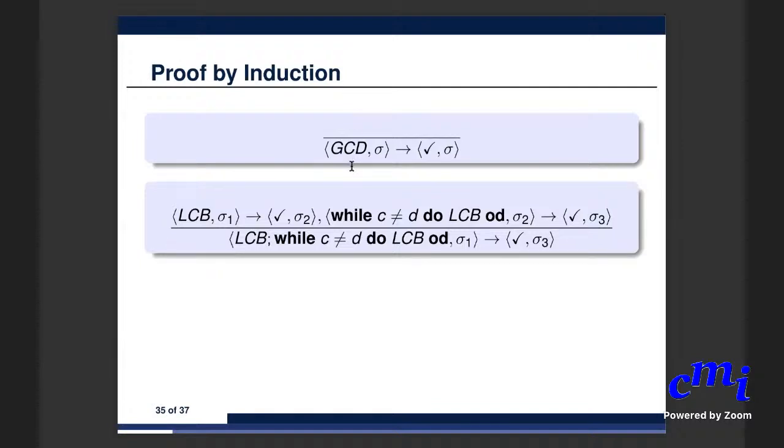As I just mentioned, one way to prove it is a mathematically constructed proof. For example, you know that GCD is a program that has a while loop in it. So you can actually prove it inductively. Suppose your body terminates: every time you execute the body in some environment sigma 1, it terminates with an updated environment, sigma 2.